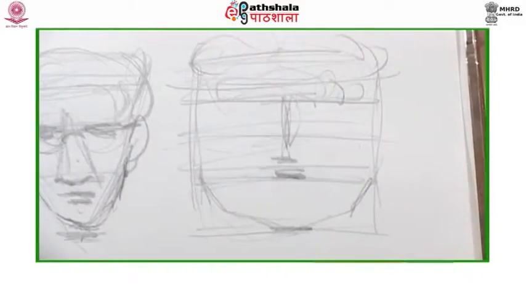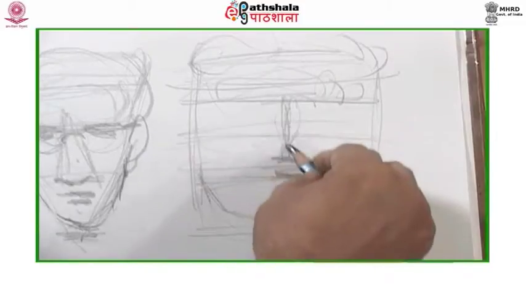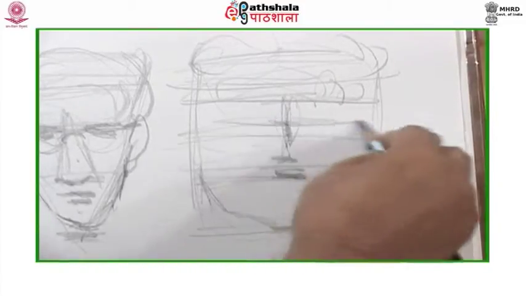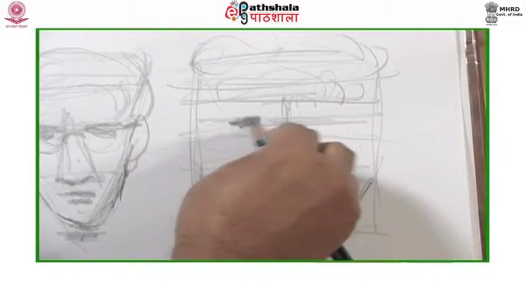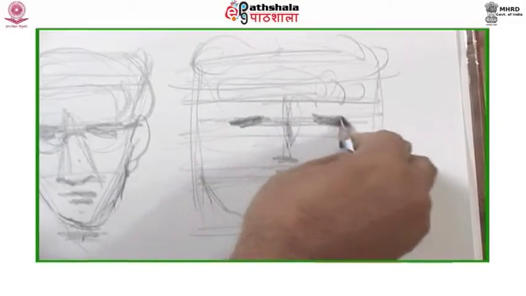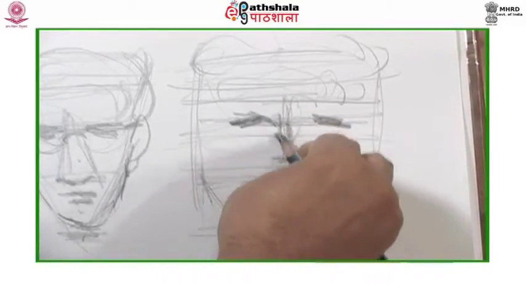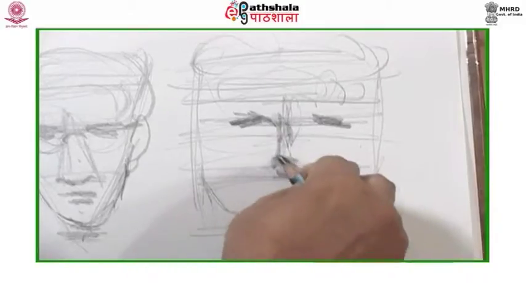Do not add details. I am placing the features through strong strokes with some suggestions of light and dark. These were the 3 types of basic shapes of the head.